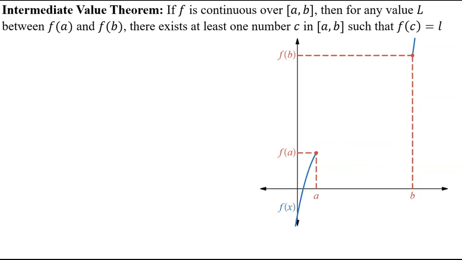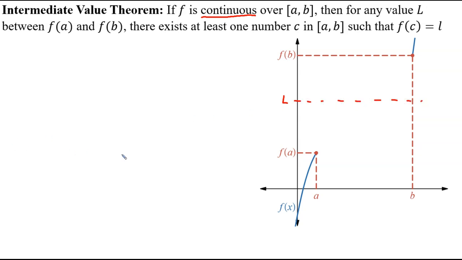Now, the key for the intermediate value theorem working is that my function must be continuous on that interval. If it wasn't, I wouldn't be guaranteed to have that c value that gives me the L I'm looking for. So for example, here I've got a partially filled in function. Let's say that we have some arbitrary L value right here.